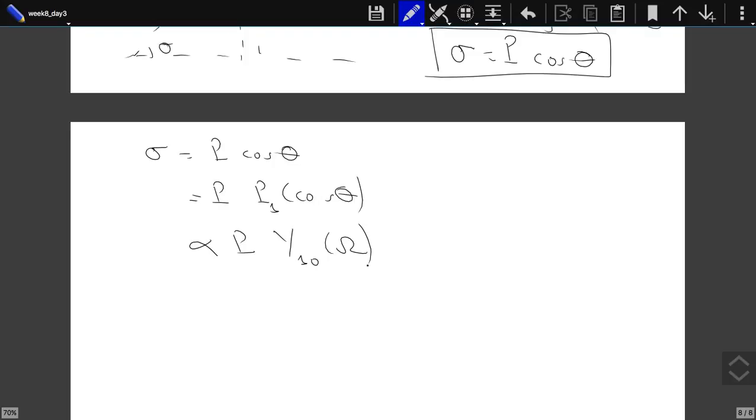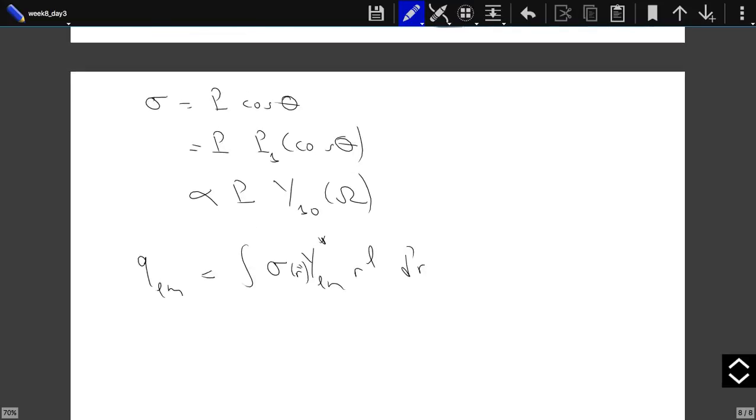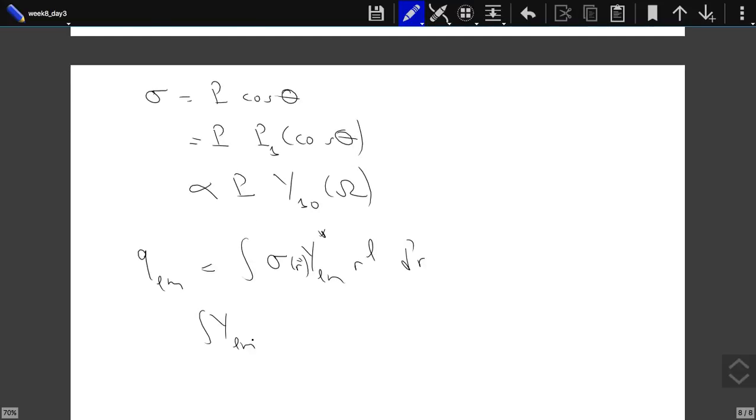Now, how did we define the multipole moments? But we also know that Y_LM star times Y10, if you integrate over all the angles, is equal to Kronecker delta L1, Kronecker delta M0. So only the L equal to one term is non-zero.